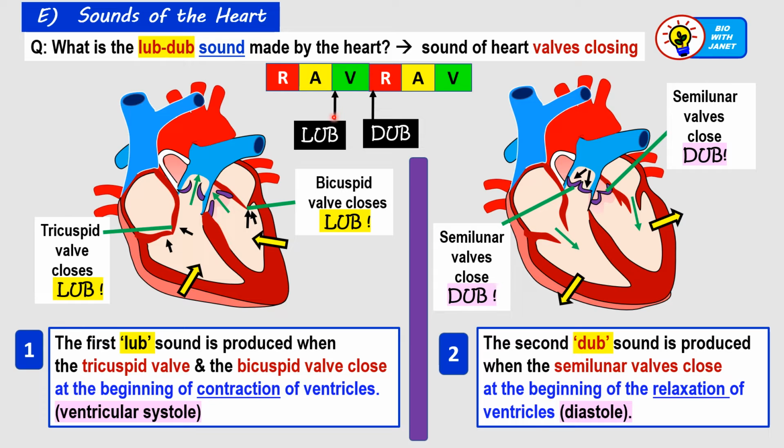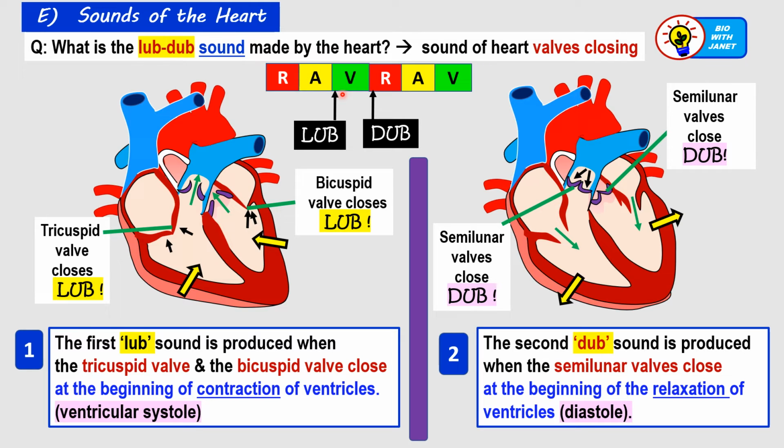The LUB happens when the tricuspid and bicuspid valves close during ventricular contraction to prevent the backflow of blood from ventricles into atria, right? So when the two valves shut to prevent the backflow of blood, there is the LUB sound, right? Here, the arrow is pointing to the start of the contraction of ventricles. That's when the LUB occurs.